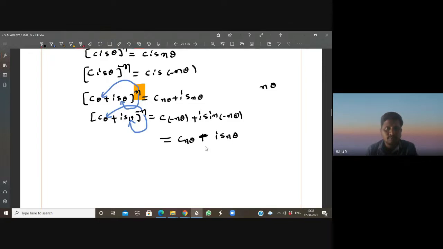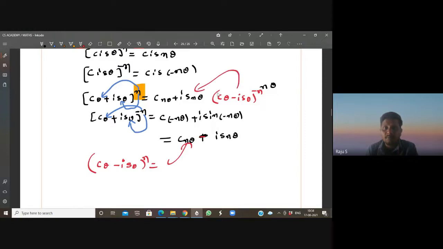Okay, students, right. In the same way, there are a few more properties. Cos theta minus i sin theta all to the power of plus n. In that case also we are going to get the same. And finally, if I take cos theta minus iota sin theta all to the power of minus n, it becomes what?